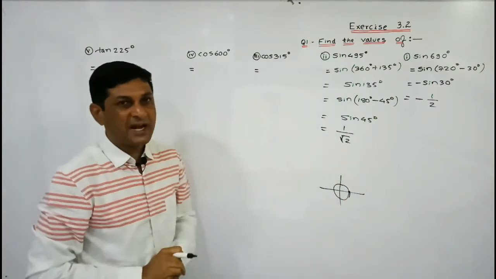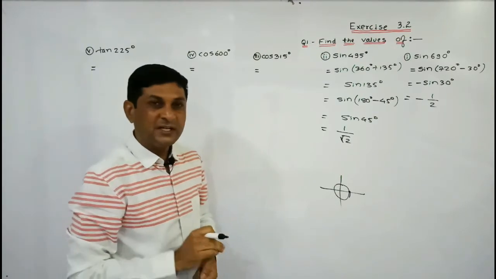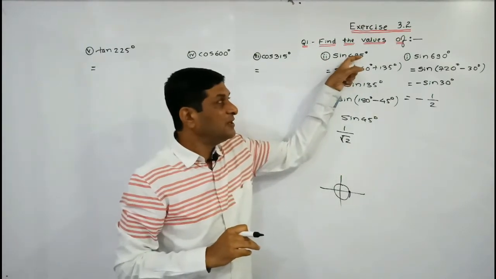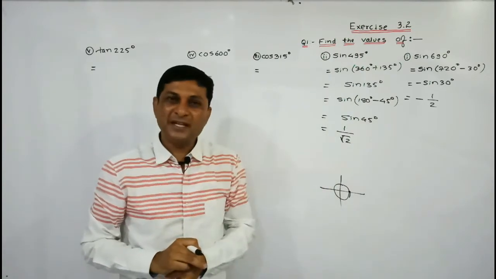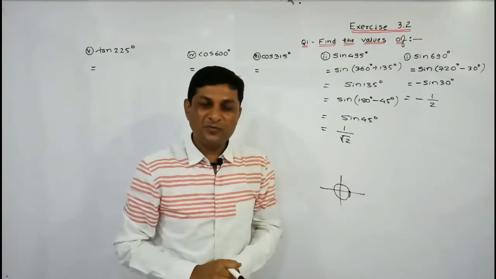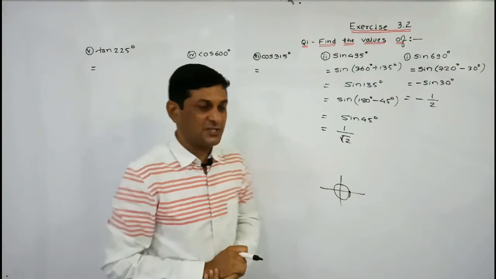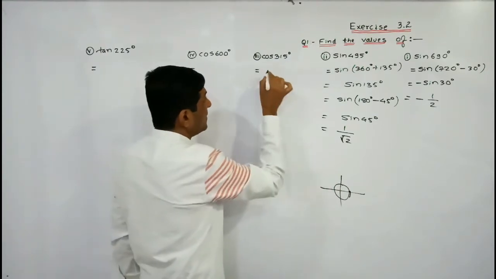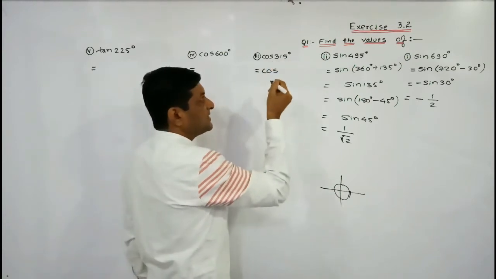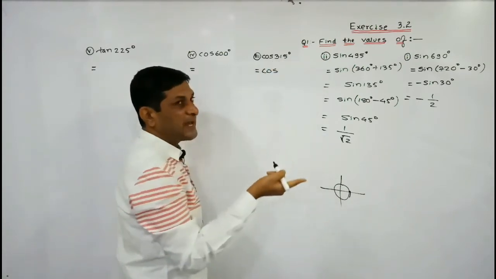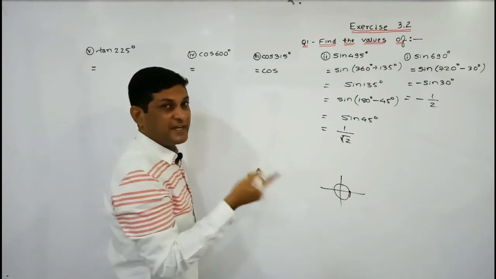So in this way we are applying allied angle formulas to convert this angle into an angle less than what? 90 degree. And once the angle becomes less than 90, we know the values of the trigonometric functions. Now here cos, keep it as it is. 315 can be written as 360 minus 45 or 270 plus 45.